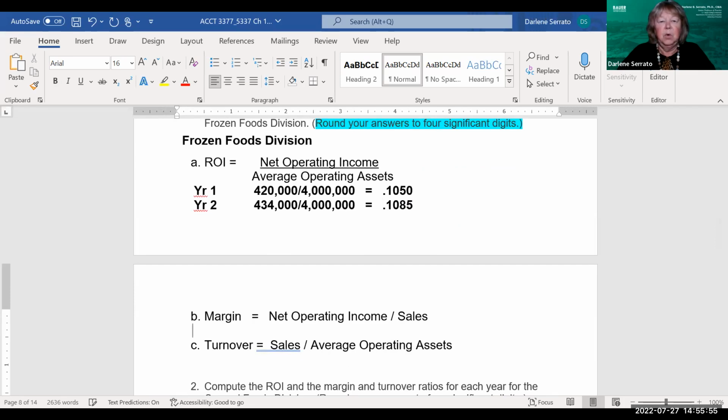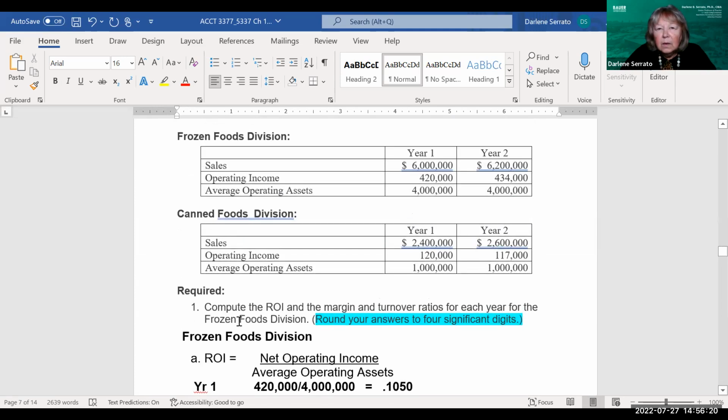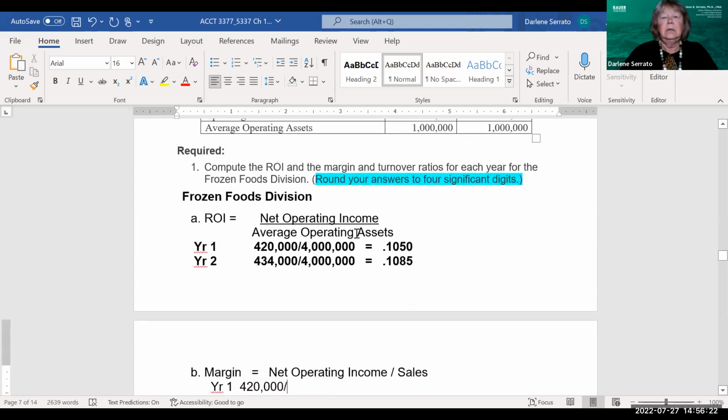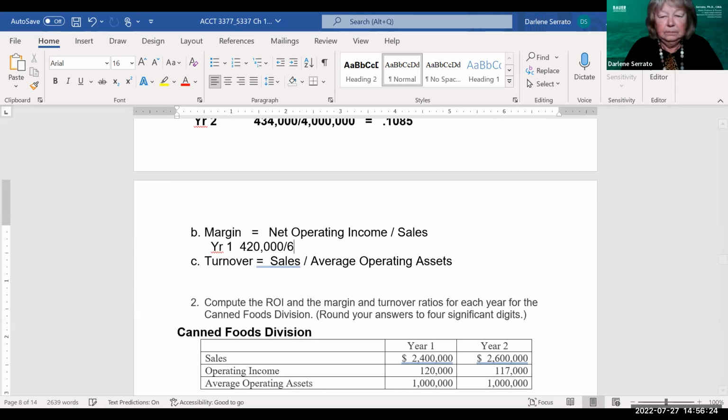Then doing margin, need to do 1. Operating income, 420,000, divided by sales, which are 6 million, for year 1.